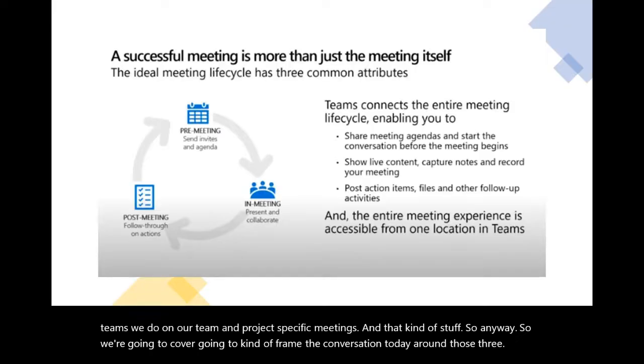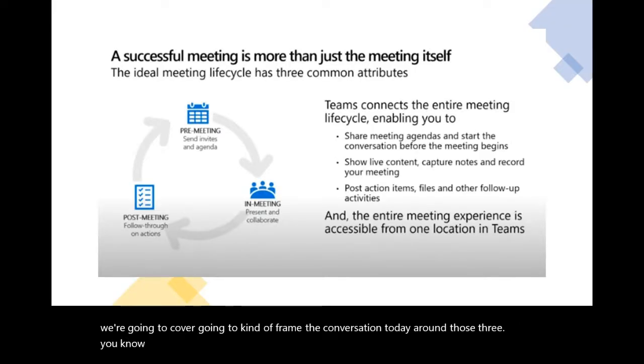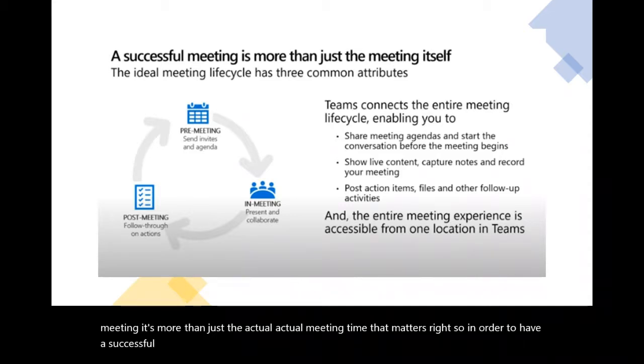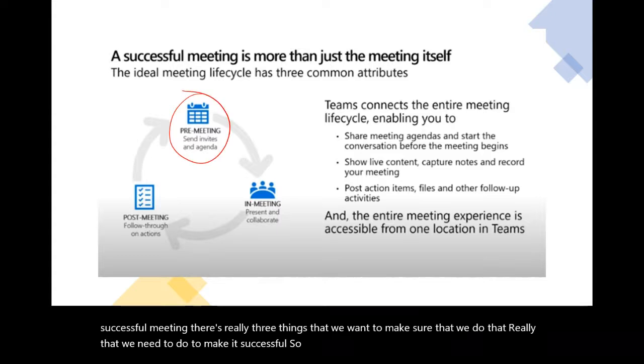One thing to think about when you're thinking about having a successful team meeting is that it's more than just the actual meeting time that matters, right? In order to have a successful meeting, there are really three things that we need to do to make it successful. First, there are any pre-meeting materials, information that you need to share.